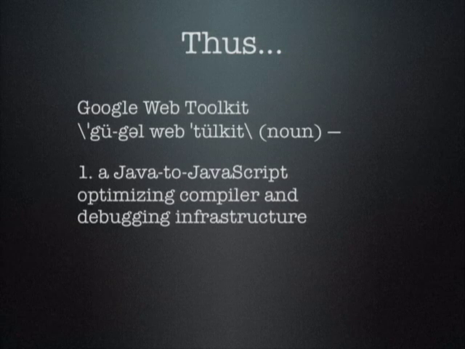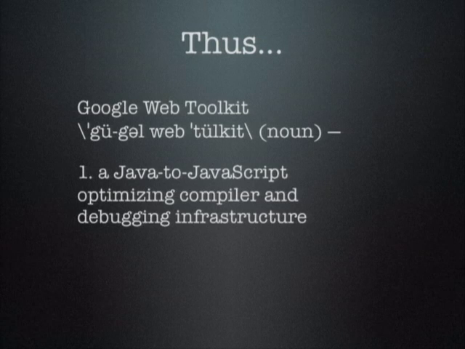We always say optimizing compiler because a lot of people assume it's the ease of writing in Java with only some amount of cost relative to handwritten JavaScript, when in fact it's quite the opposite. It's the productivity of working in Java and better JavaScript, faster JavaScript, than you would have been able to really write by hand realistically. A lot of people don't believe that, but we can talk at length about why that's true later.